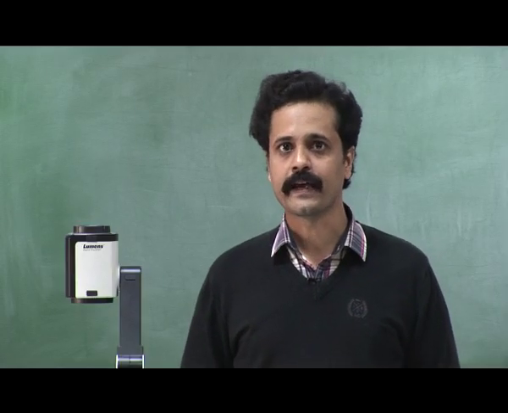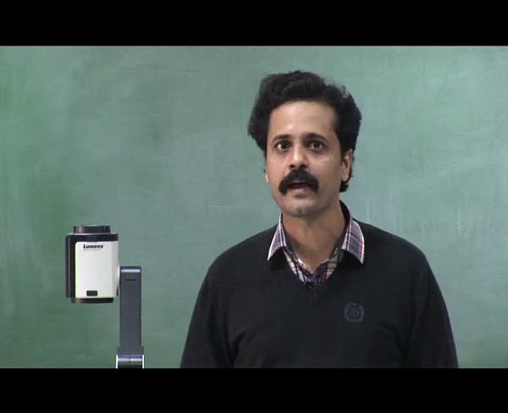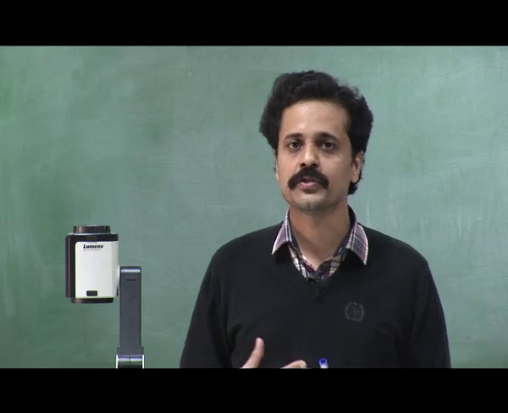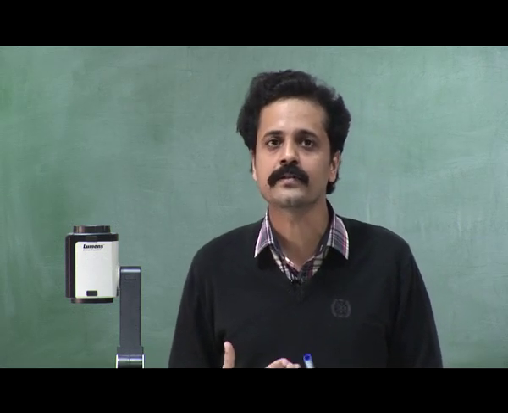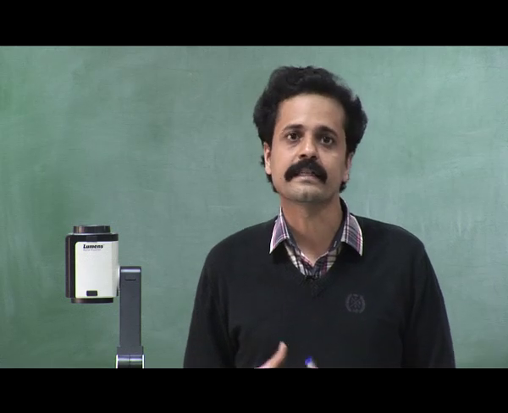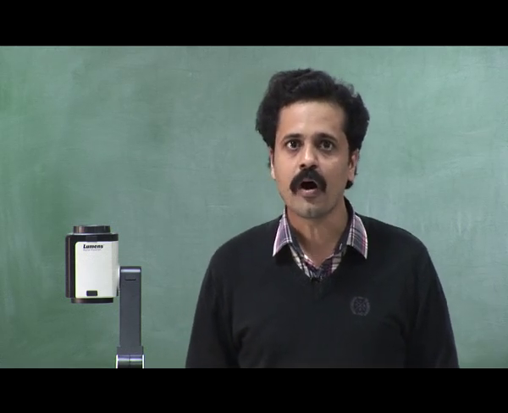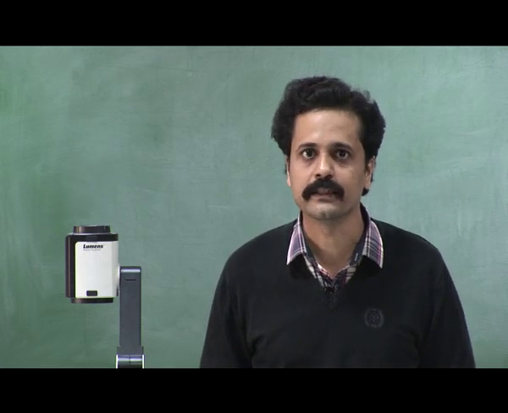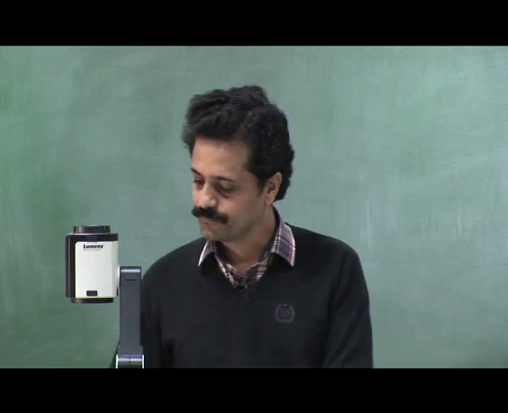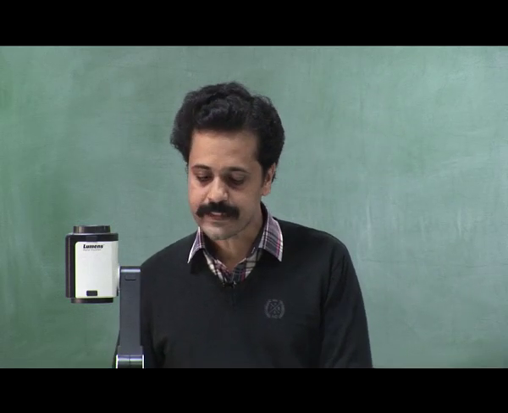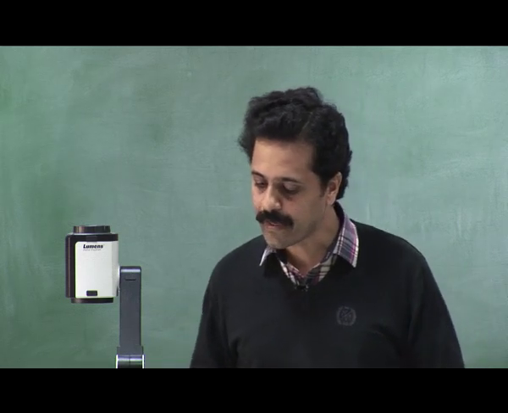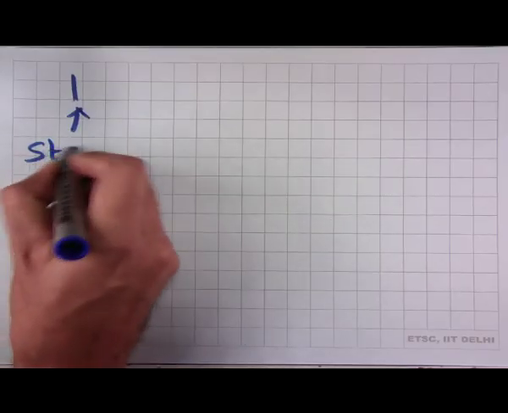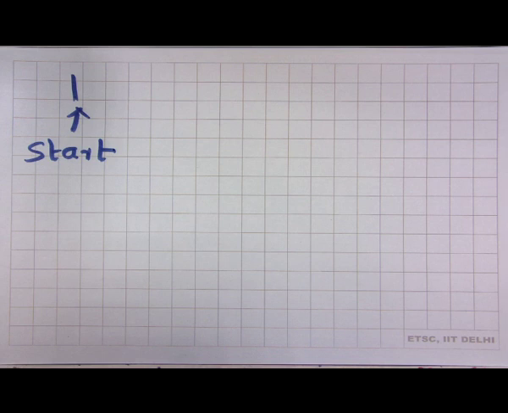Let us try to find how many pairs of rabbits are there at the end of 1 month, 2 months, 3 months and so on. Let us eventually find out how many pairs of rabbits are there at the end of 1 year. We started with one pair of rabbits, one male and one female.